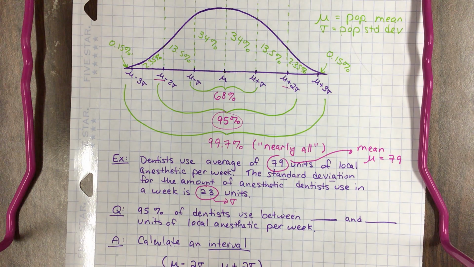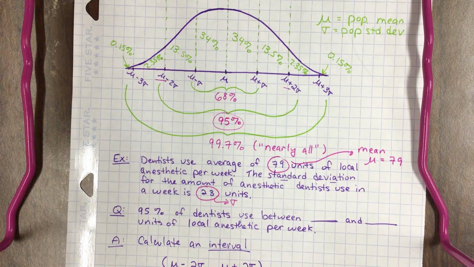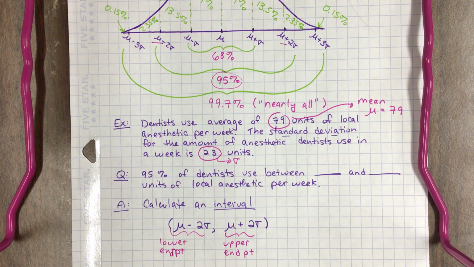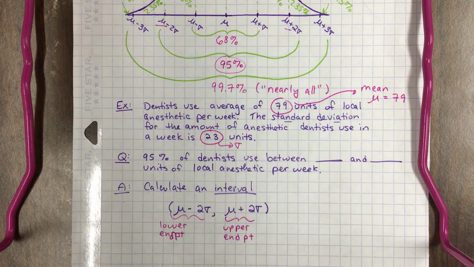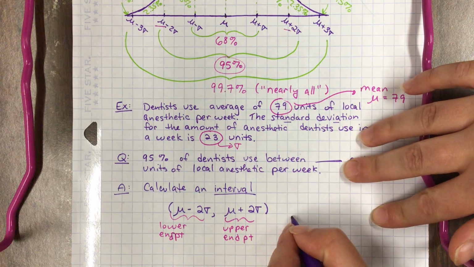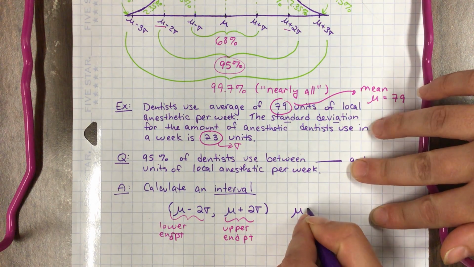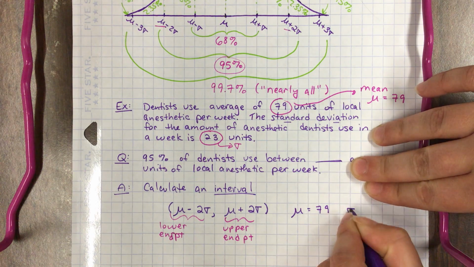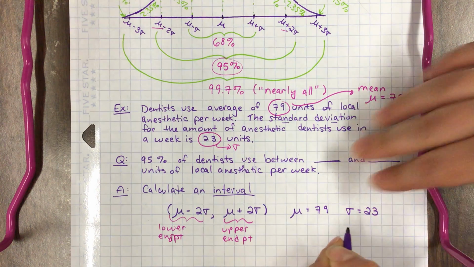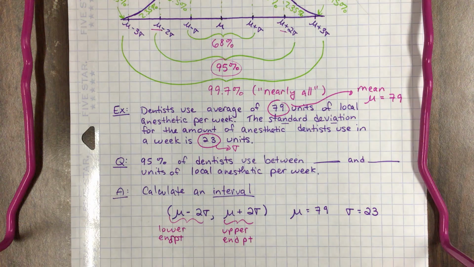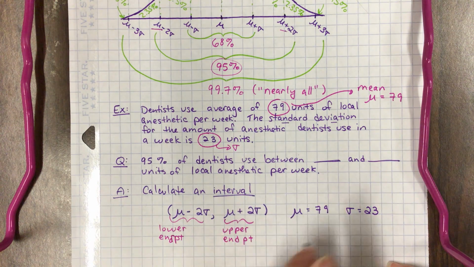So this will be my lower endpoint, and my upper endpoint. Let's plug in some numbers. Here I have my mean, I said was 79, and my standard deviation was 23. All right, let's plug those numbers into my formula.